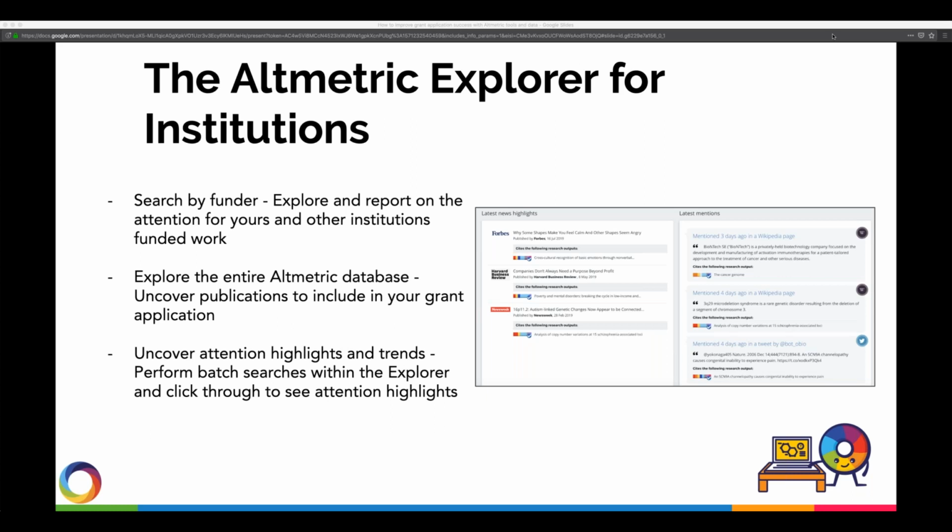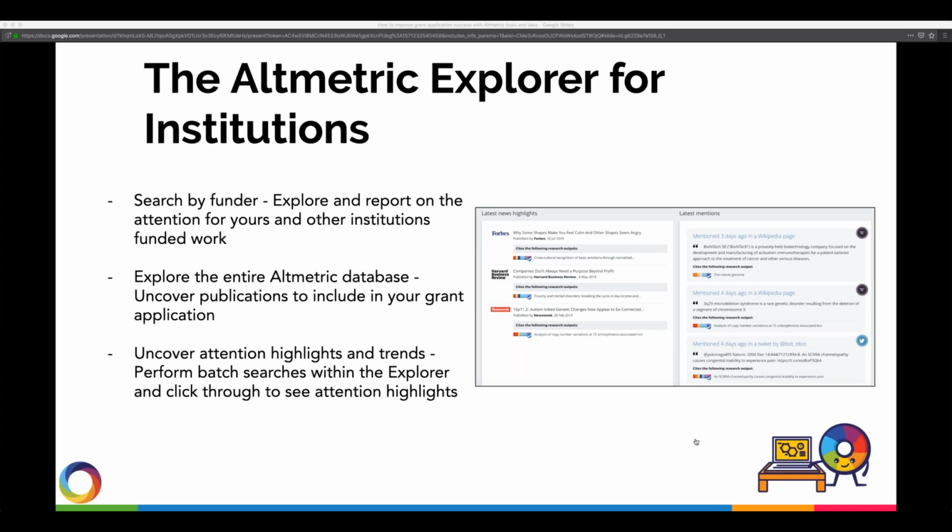You can explore and see the full text mentions that your publications have received and report on things like trends in the engagement for specific research outputs to uncover information that could be used in grant renewals. You can search for publications by other researchers. This would be particularly useful for researchers in your own institution, as they may want to write about other people's research in their own applications.